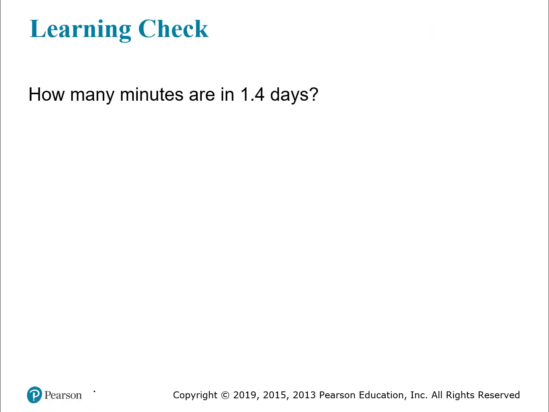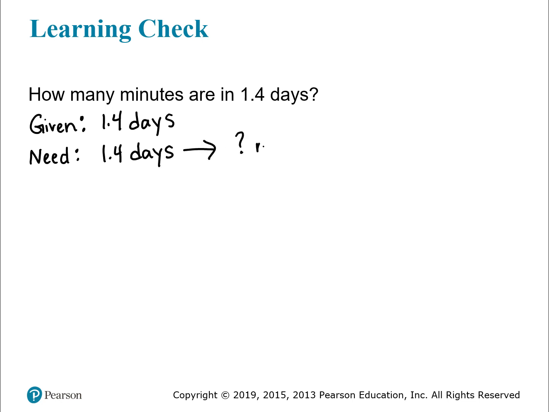Let's do another one here just to make sure you understand it. So we're going to take 1.4 days and convert that to minutes. So what are we given? 1.4 days. What do we need? Well, we're going from those 1.4 days to some number of minutes.